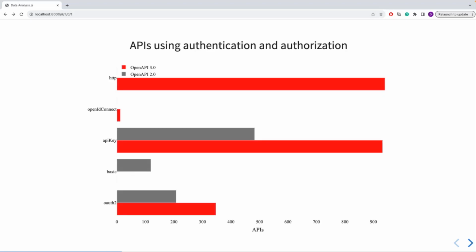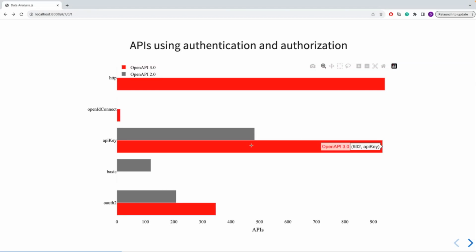We can also see how many APIs are applying these protocols. For example, we can see a tendency: most of the APIs are using HTTP, API key authentication, and the OAuth2 authorization protocol. Here I am showing that OpenAPI 3.0 is represented by the bar in red, and OpenAPI 2.0 is represented by the gray bar.